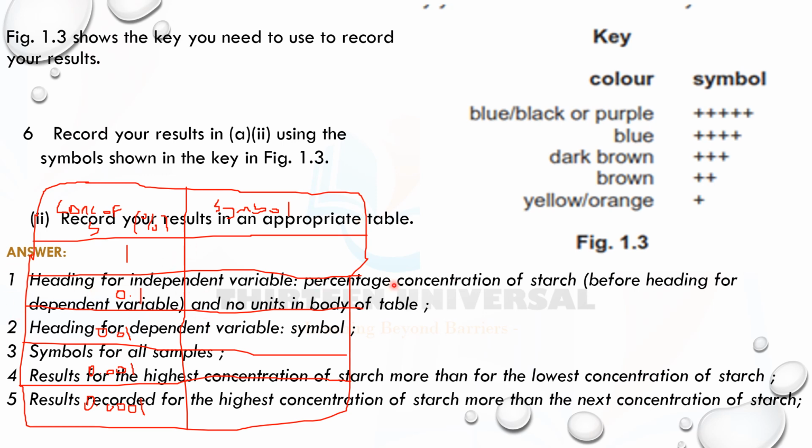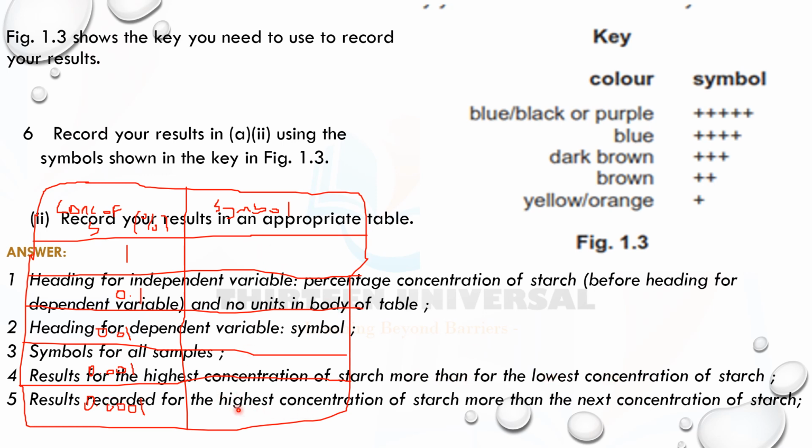Heading for independent variable, percentage concentration of starch, 1 mark. Heading for dependent variable, no units, 1 mark. Heading for dependent variable, symbol, 1 mark. Symbols for all samples, 1 mark. Results for the highest concentration of starch more than for the lowest, more symbols at highest than lowest.